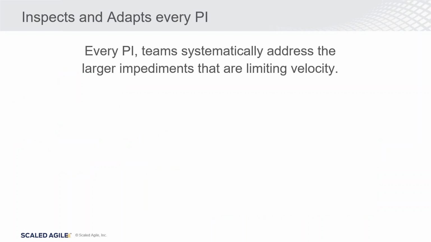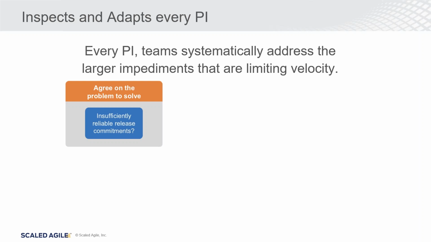Also, at the end of the program increment, at the end of that 6 to 12 weeks, we would also perform what's called inspect and adapt. And that gives us the opportunity, as we discussed, after reviewing what has been completed within that program increment, to provide recommendations on how to improve moving forward.